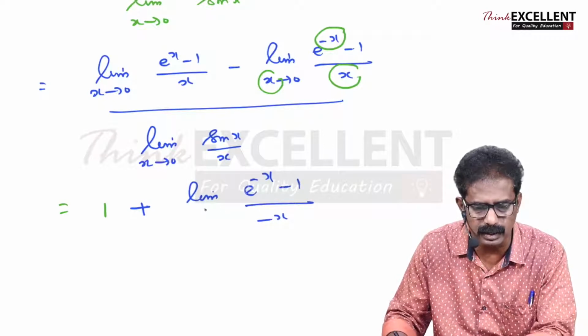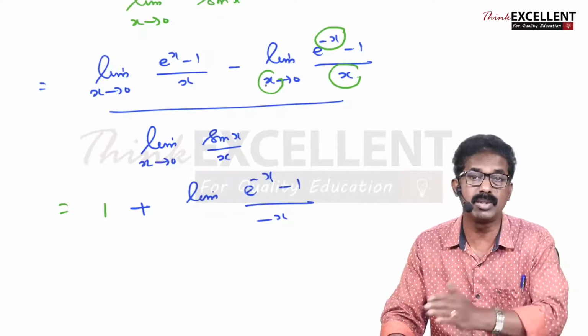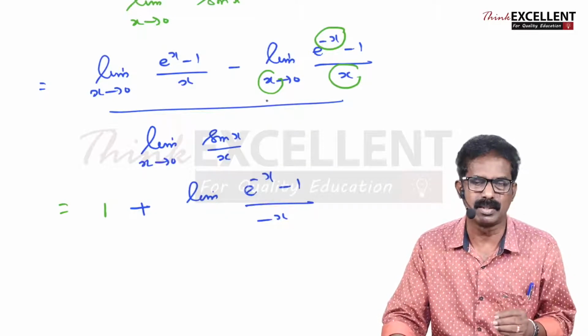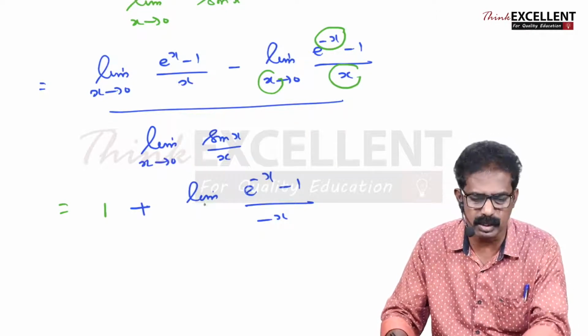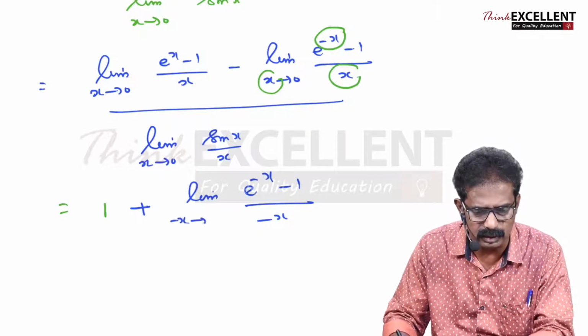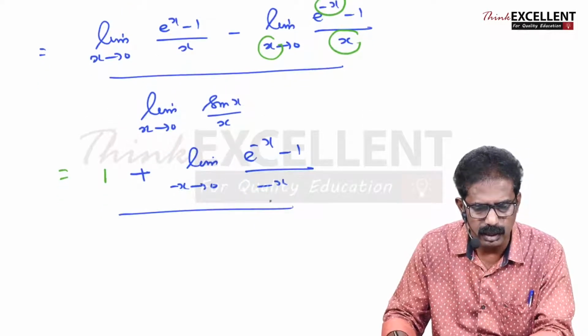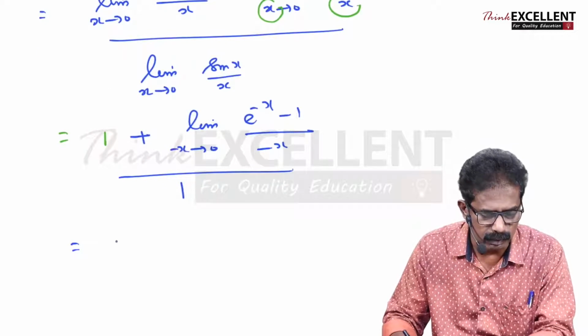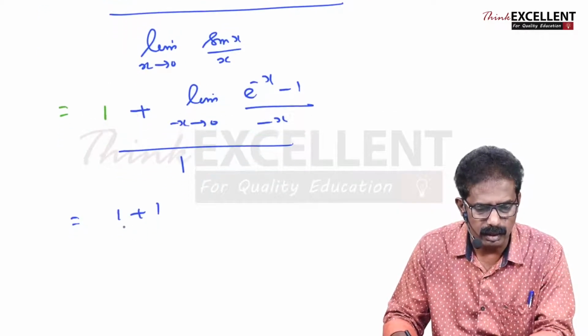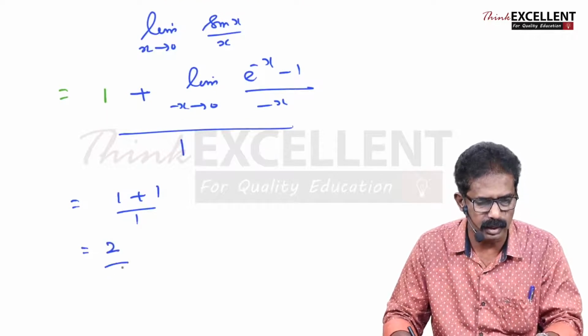That outside minus is taken here. X tends to 0. I want minus x. Both the sides you change the sign. So x becomes minus x, 0 becomes minus 0. It is 0 only, right? So minus x tends to 0. Now all the three are same only, no? The denominator is 1, a trigonometric limit, right? So now it is 1 plus 1 by 1. So your answer is 2, okay?